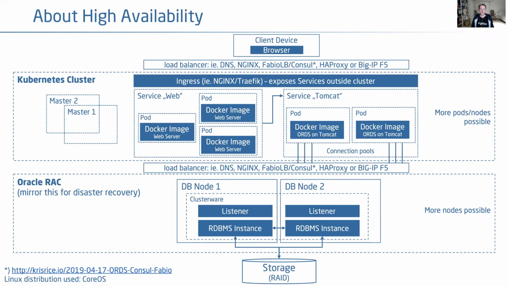Between the Kubernetes cluster and Oracle RAC, of course, you have a load balancer to go from one network to the other and spread the packets to the various servers, containing the virtual IP. And on the outside you have ingress, where you expose your services from the Kubernetes cluster to the outside world.